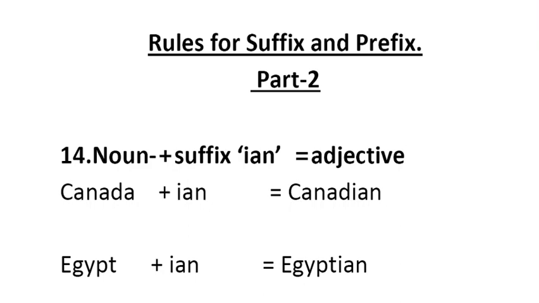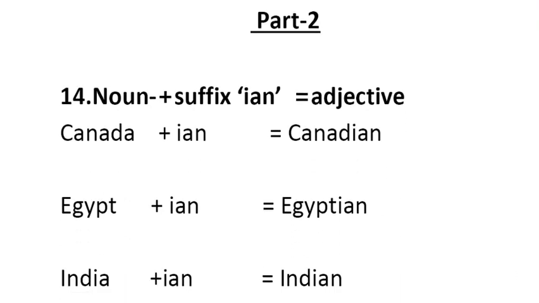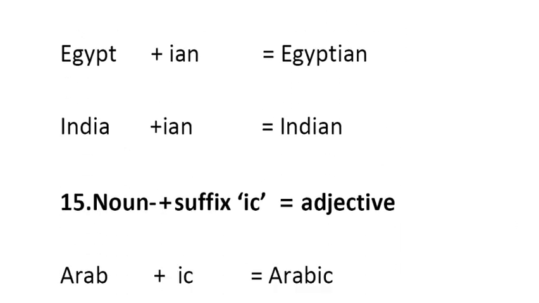Suppose Canada, if you add suffix ian with this, then it becomes Canadian. Egypt, Egyptian. So in this way, if you add suffix ian with noun, it becomes adjective. So we'll see some more examples. Like India, Indian. So simply with noun, if you add suffix ian, then it becomes adjective.